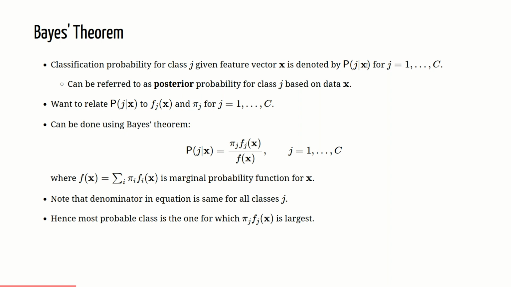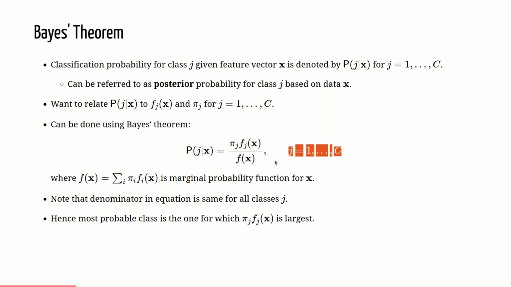So Fj was the probability of X given J. Here we have the probability of J given X, so we need to switch that conditional probability around, and that's what Bayes' theorem does. So this thing here is known as the posterior probability for class J based on data X. And the goal is to figure out what this is, given that we know what Fj and pi j is. And we can do this using Bayes' theorem, which is this formula here.